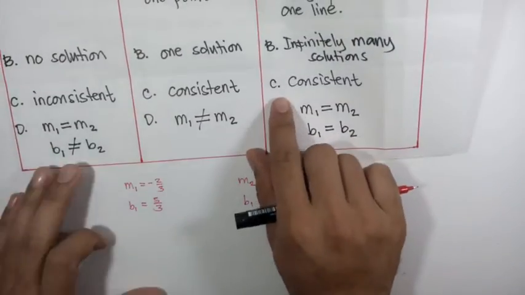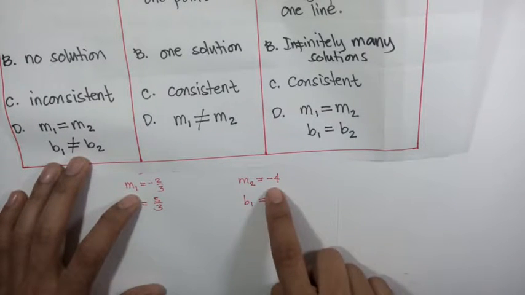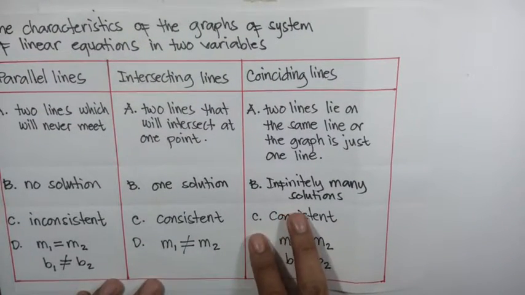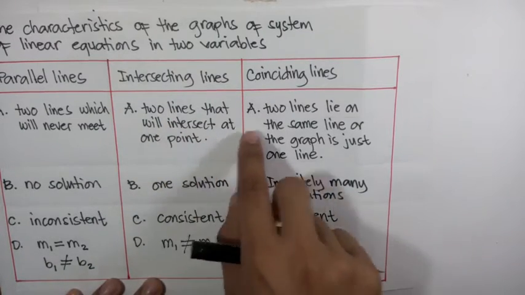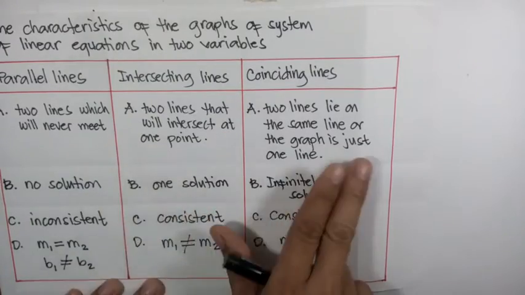Take a look. The slopes are not the same. The first slope is negative 2/3. The second slope is negative 4. So, looking back on the characteristics we have identified, it is intersecting lines: two lines that intersect at exactly one point.